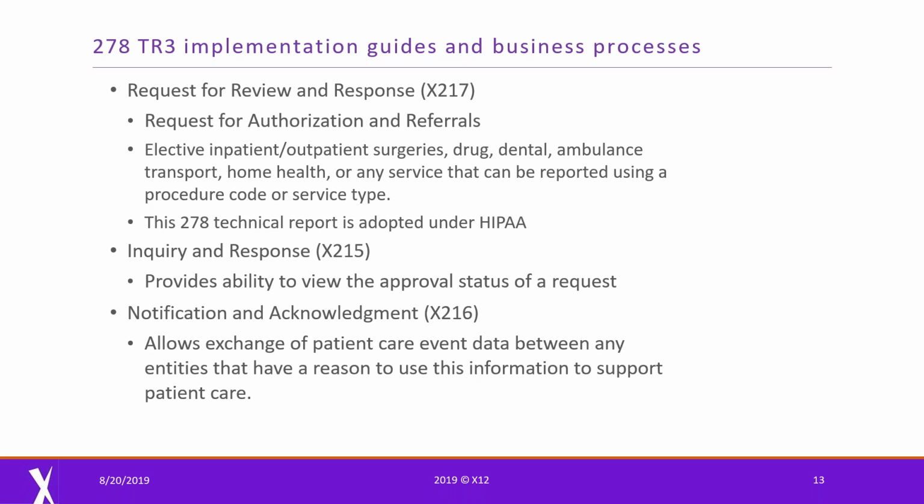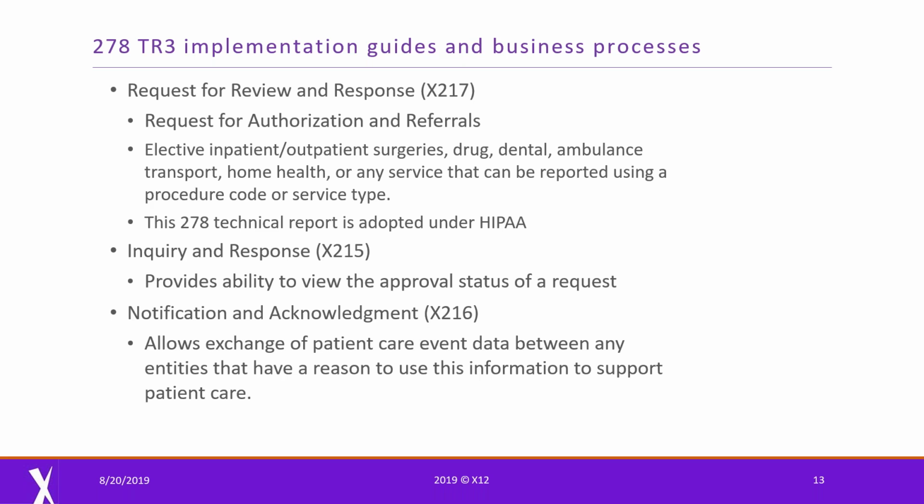And then the flip side is it could be a specialist or the facility inquiring on that event history, one, to see if it's approved or not, but also to see what the event is for. What are they authorized to do? What procedure codes, etc. So the volume of your inquiry transactions is usually 3 times more than your request and response.